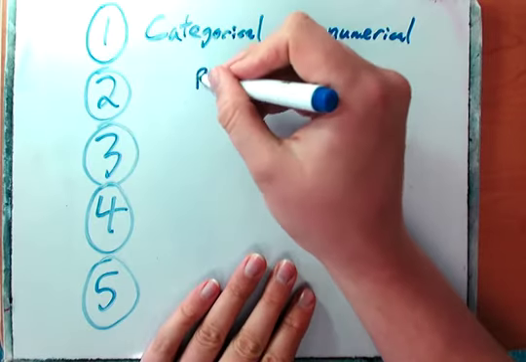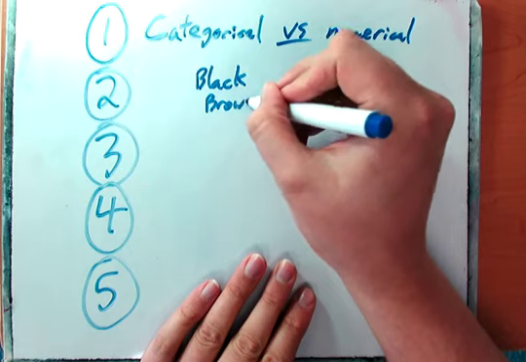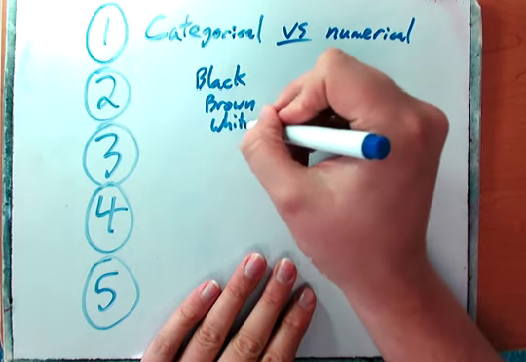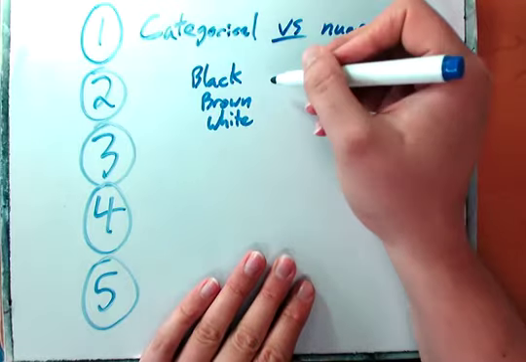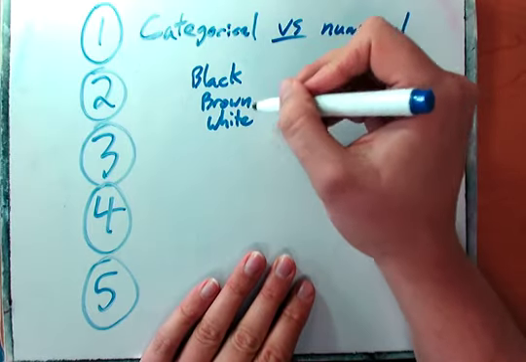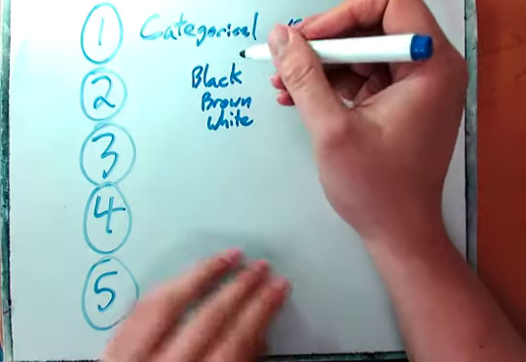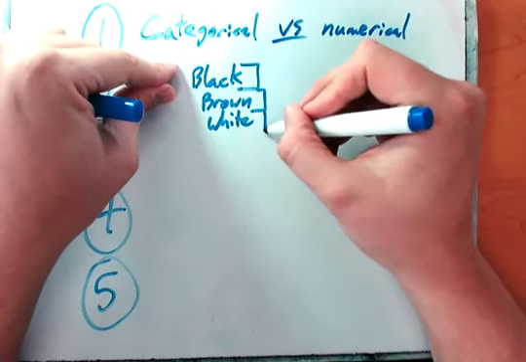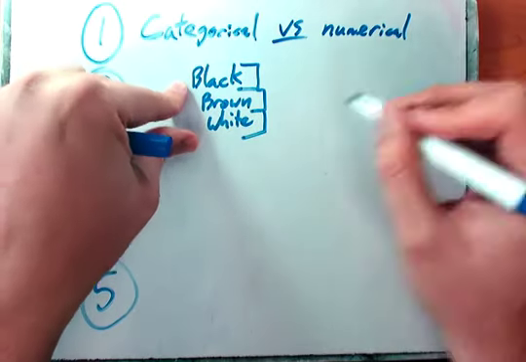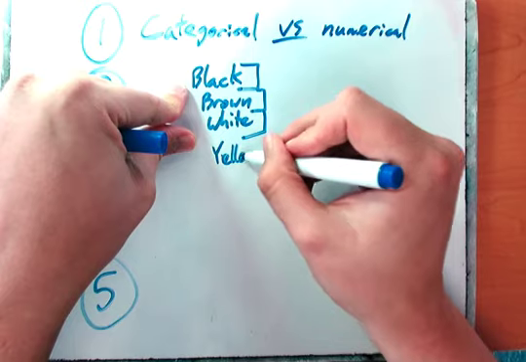Categories are like black, brown, white. Could be colors of bears, could be colors of people, could be colors of hair, all those sorts of things. Those are categories. See how they're different blocks and you have to fit into each of those blocks. Or if something was yellow, we'd have to make a new category of yellow.